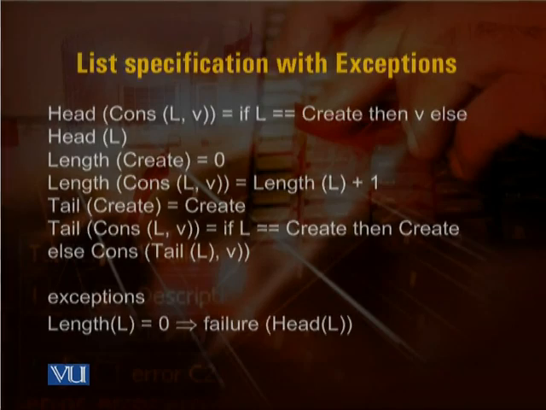So here what I'm doing is I am not specifying what to do, but I am saying that it is a failure, it will be an exception, and then it will go there. So what I'm saying is you cannot take the head of an empty list.